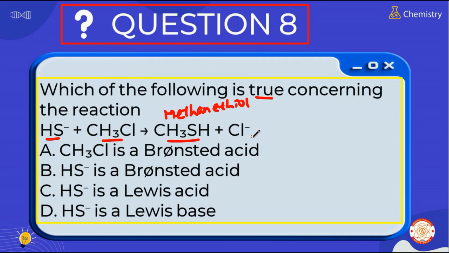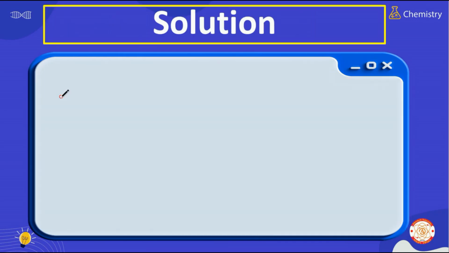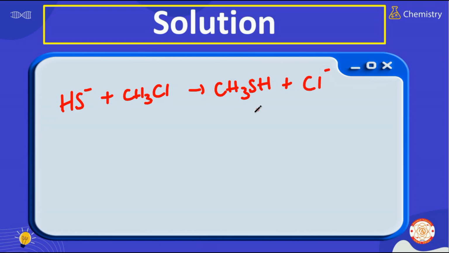In this equation, chloromethane is a Bronsted acid; bisulfide is a Bronsted acid; bisulfide is a Lewis acid; bisulfide is a Lewis base. Bisulfide plus chloromethane produces methanethiol plus chloride ion.